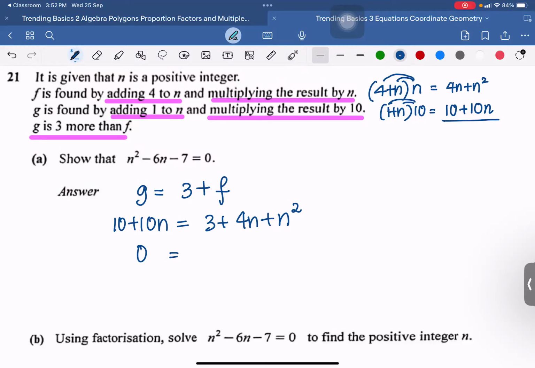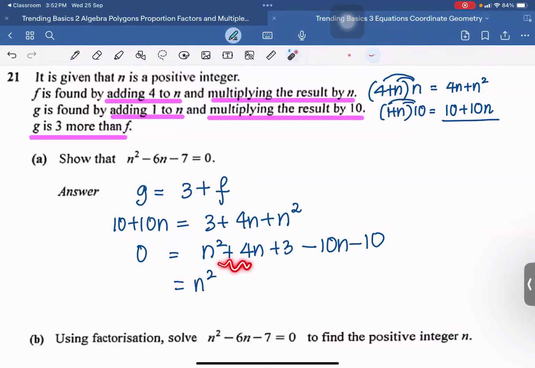So I rearrange: n squared, then minus 10n and minus 10. Then I get 4 minus 10, negative 6, and 3 minus 10, negative 7.